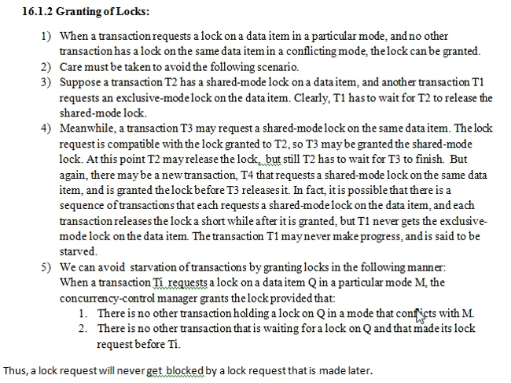If it is asking in a conflicting mode, it won't be granted. Next, the second one is what? Ti is requesting, but before that, none of the transactions has requested, otherwise none of the transactions is having locks on the same data item. So this is about the granting of locks.